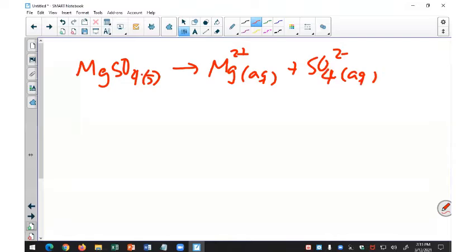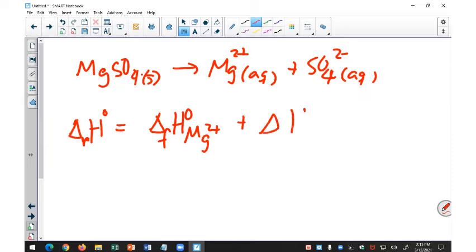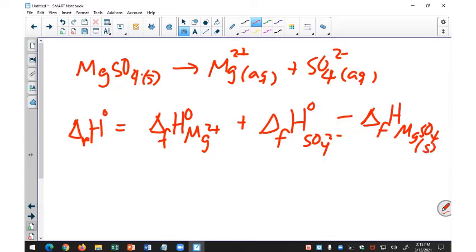Okay, and delta H for that reaction is equal to delta H formation of magnesium ion plus delta H formation of sulfate ions minus delta H formation of magnesium sulfate solid. Okay, so let's look these numbers up. What do we have?